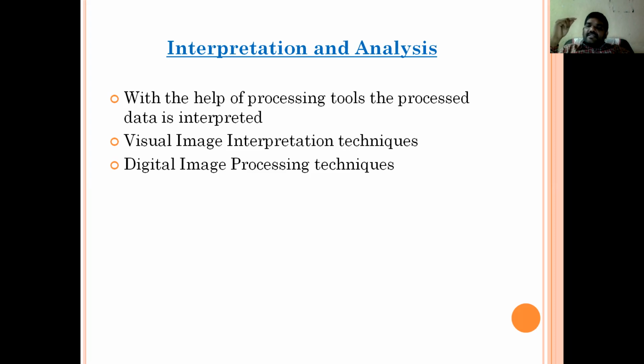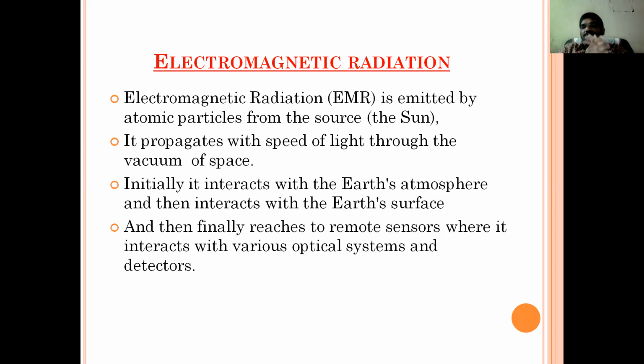Ask yourself, what are the basic components of remote sensing? Energy, target, recording in the atmosphere, processing stations, and fifth, analysis. Now we are going to the next subtopic of this unit, that is electromagnetic radiation. We keep hearing the word electromagnetic radiation.